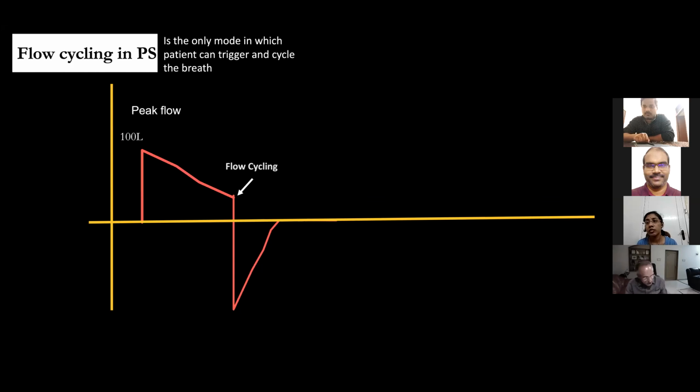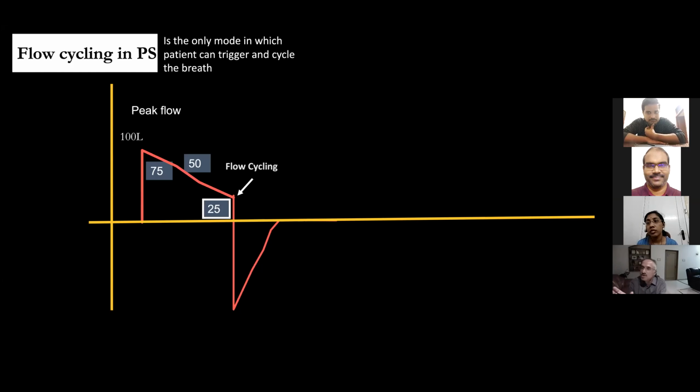Now, if the patient's peak inspiratory flow is 80 liters, when will he cycle? When the flow reaches 20 liters, it will cycle to the expiratory phase. When the peak flow is 40 liters, cycling occurs at 10 liters. When the peak flow is 80 liters, cycling occurs at 20 liters.